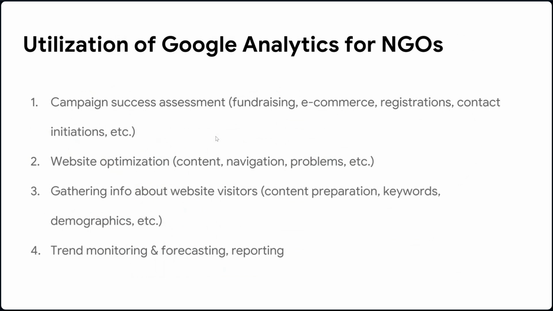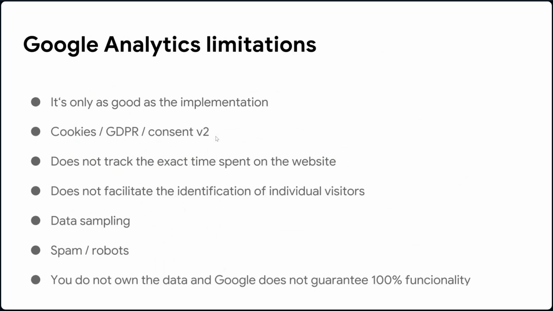You can optimize your navigation, content, identify problems on the website, etc. You can gather info about your website visitors, which you can then use to create better content or optimize the website. And you can use it to monitor trends and even forecast the future, which is a discipline on its own. But you can also export the data and then extrapolate and forecast certain trends.